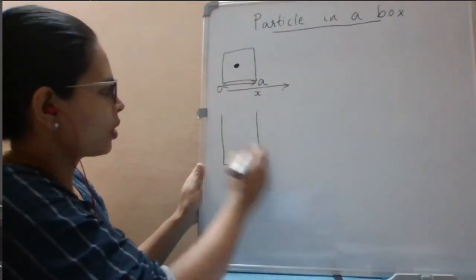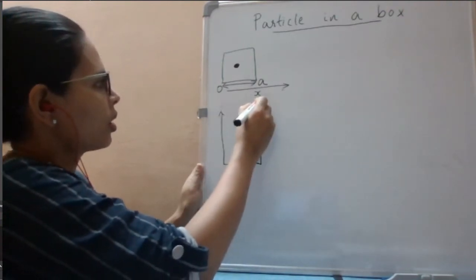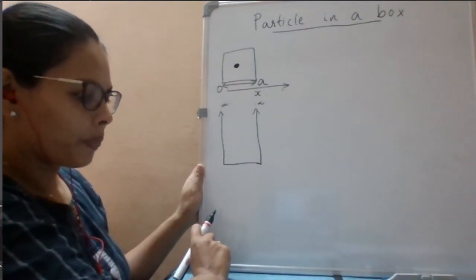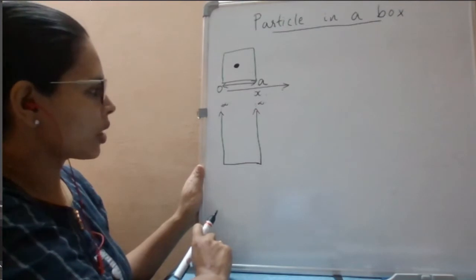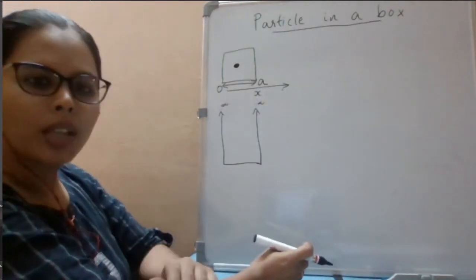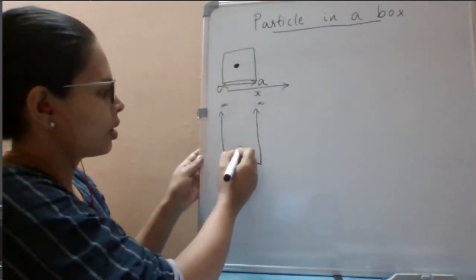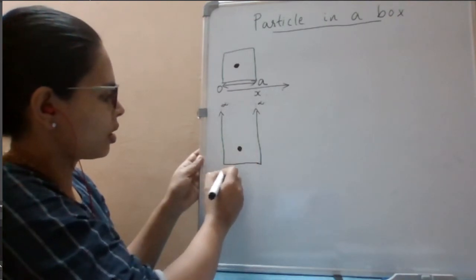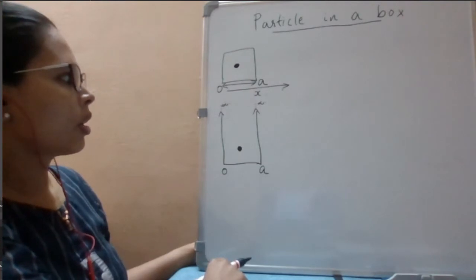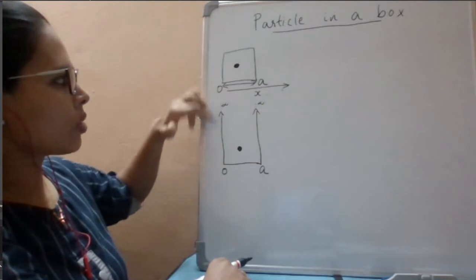If we have a potential, a square well potential with wall of infinite height, that is also equivalent to this situation. Yeah, I will write it as same dimension as that of a particle in a box. If this wall is of infinite height, these two situations are the same.